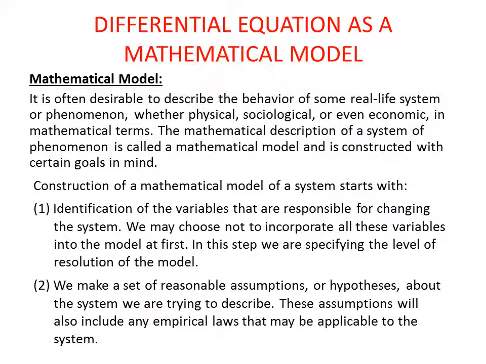Number 2, we make a set of reasonable assumptions or hypotheses about the system we are trying to describe. These assumptions will also include any empirical laws that may be applicable to the system. For some purposes, it may be perfectly reasonable to be content with a low resolution model.